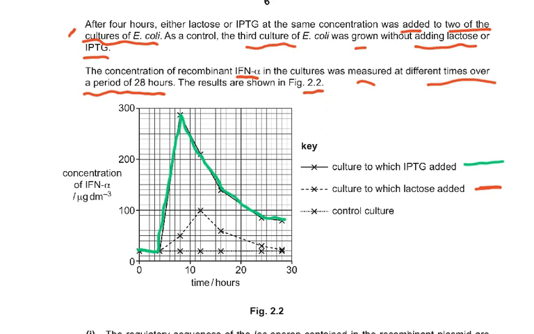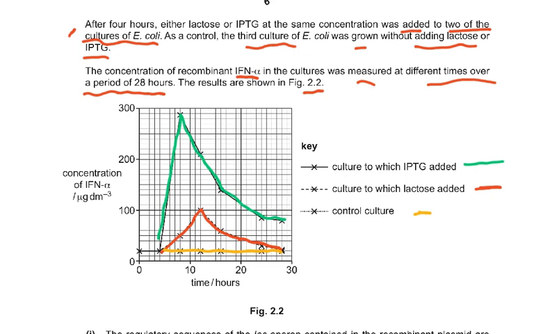This was here, right? And then we had the control culture. This was here. So the control culture was here.